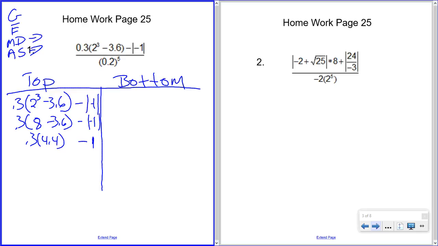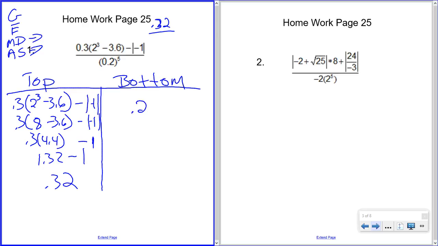So 0.3 times 4.4 is 1.32 minus 1, which is going to leave us with 0.32. I'm sorry, that's not right. 0.32, that's the top of our fraction.